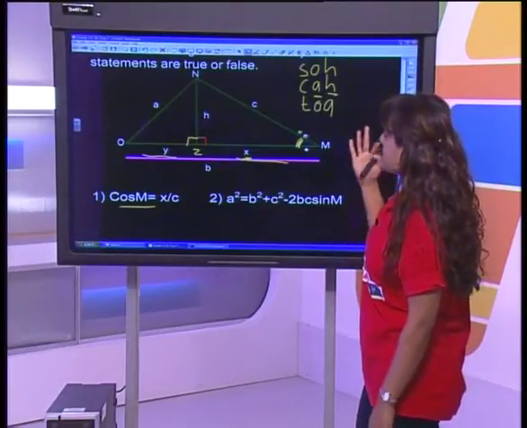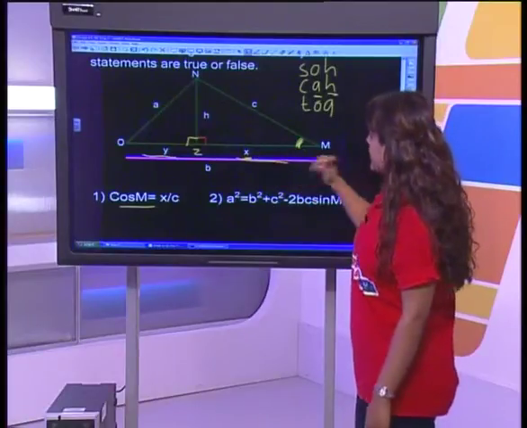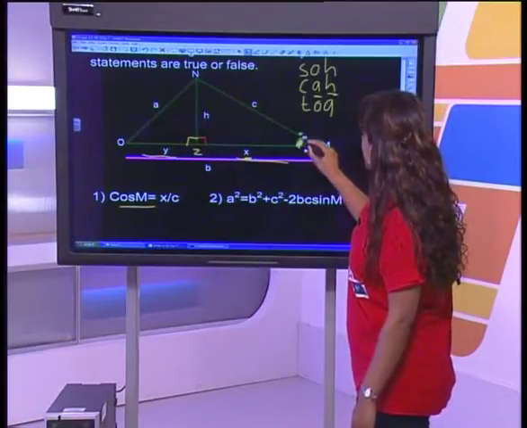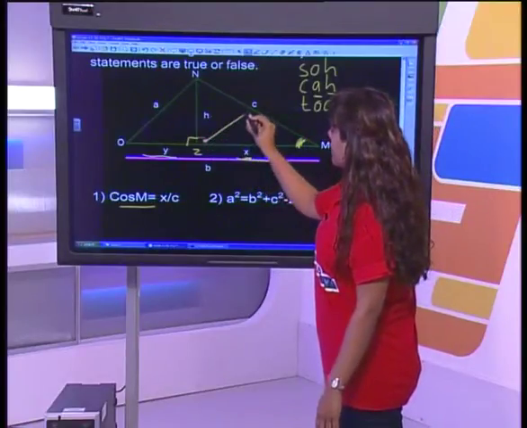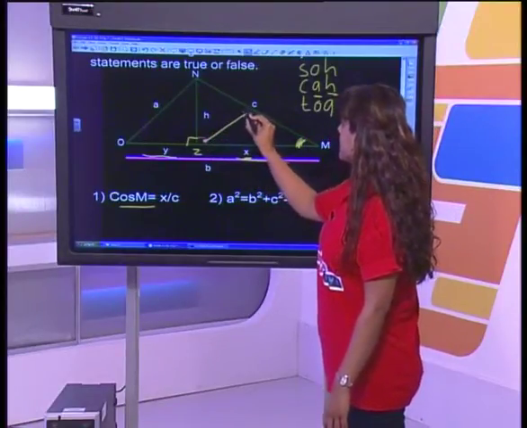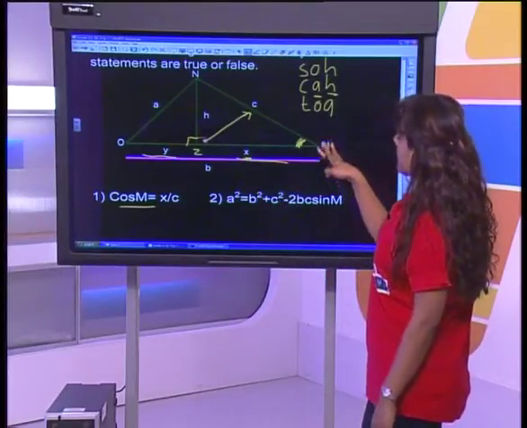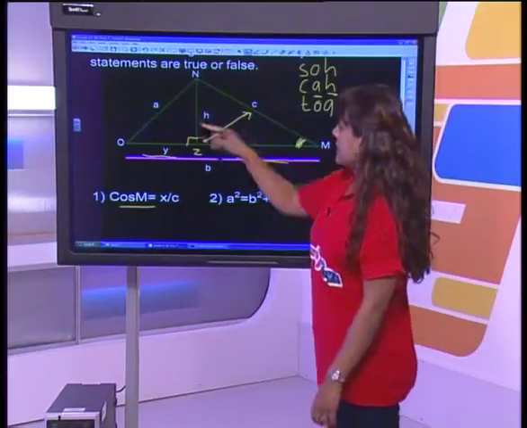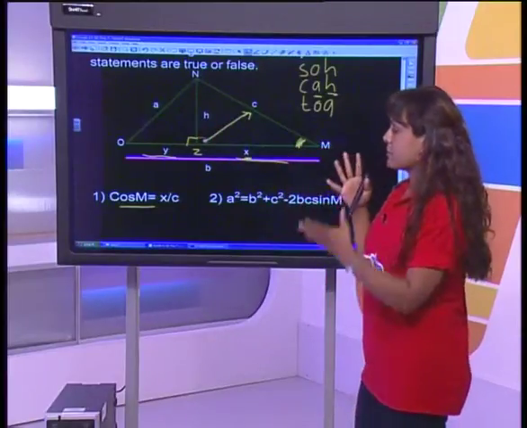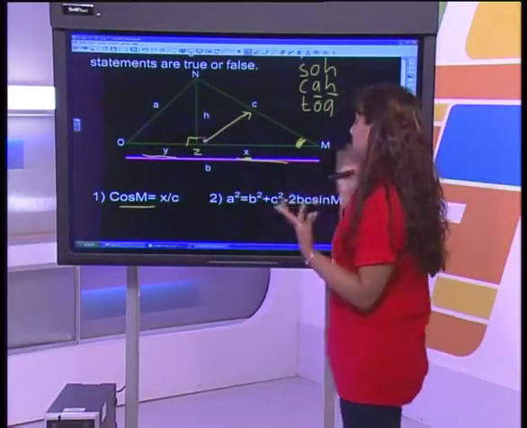So if I were to label, this little x part would be my adjacent to angle M. And then the hypotenuse, remember, is always the same. It's always the one opposite the 90 degree. So therefore, C would be the hypotenuse. And the side that's opposite angle M would obviously be H. Remember, we're labeling things according to the angle that we're looking at, and the angle here is M.